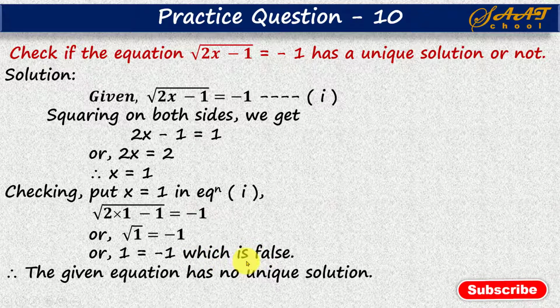If that is false, then we do not accept this value, meaning this equation has no solution. If the left hand side is equal to the right hand side, then we accept the value and we can say the equation has a solution. But here, since they are not equal, we write that the given equation has no unique solution.